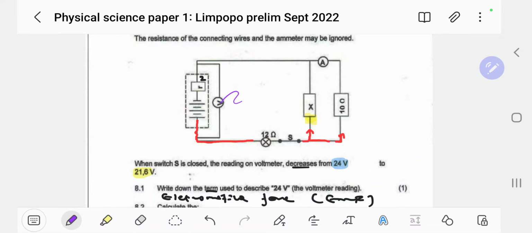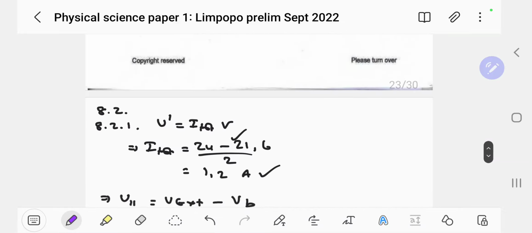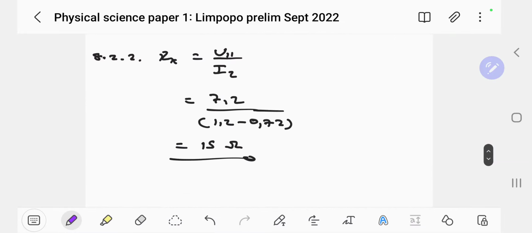If that happens, with the EMF and the internal resistance being constant, the current is going to be increased. No, I'm lying. Increased resistance, the current will decrease. And if the current decreases, this brightness will drop, because of this power equation.